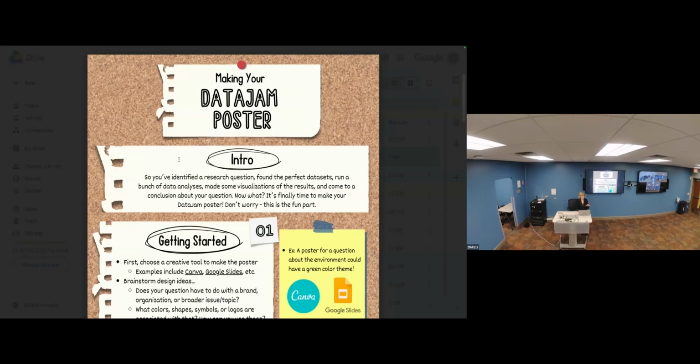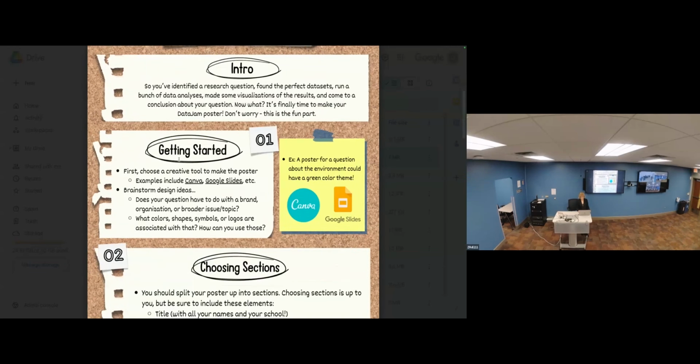We had a DataJam project last year with this guide on putting together a poster and another guide on putting together a presentation. But this is probably an area that we could stand to have more resources for. Again, this is very digestible. So how do you get started?